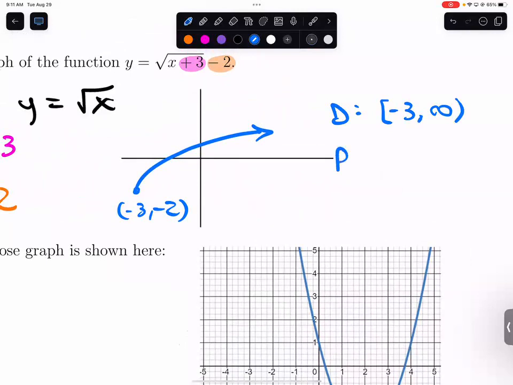And then for the range, again, same idea, but you want to turn your head sideways and read it bottom to top, right? -2 and then the positive infinity. Yep, good. Cool.